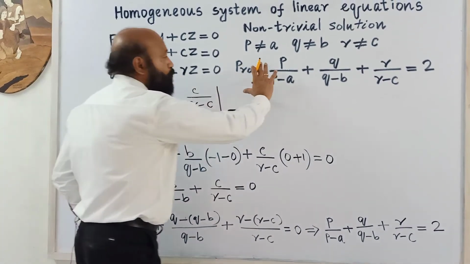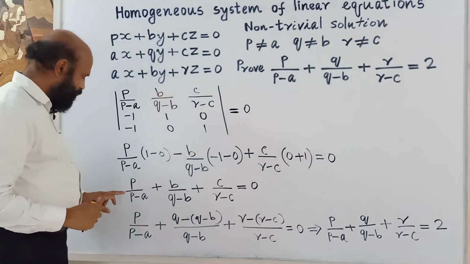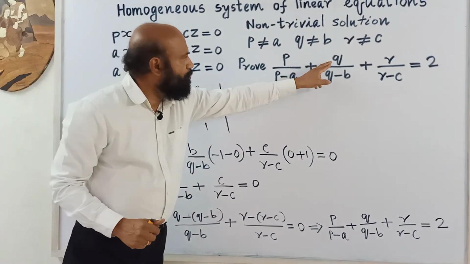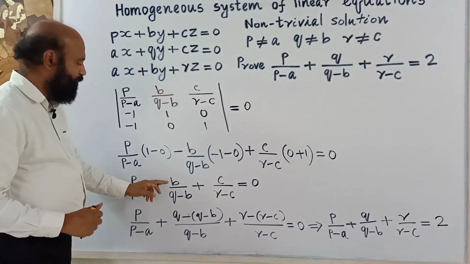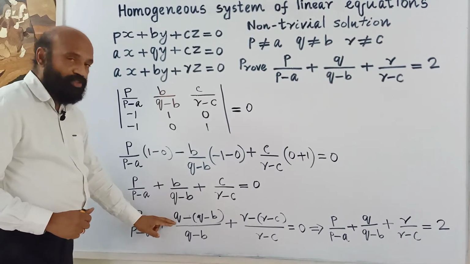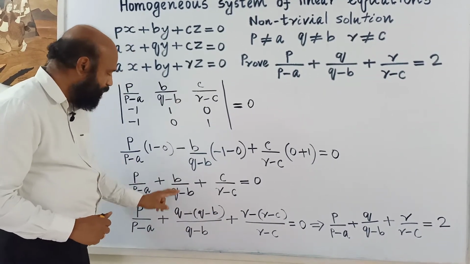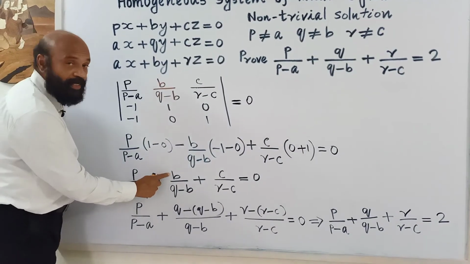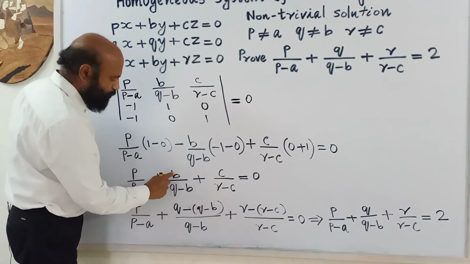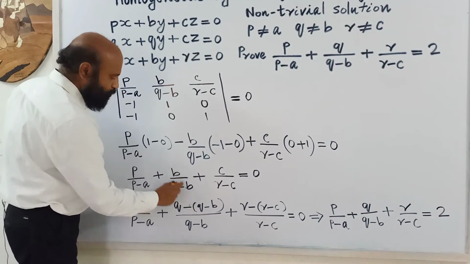Now our aim is to show this relation. So here P divided by P minus A. Then here numerator it is Q, but here it is B. So this B can be written like this, Q minus B, because minus into minus plus, so plus B, then plus Q minus Q will get cancelled.